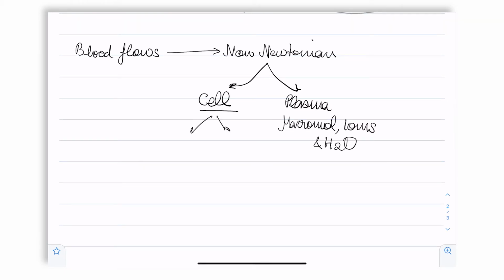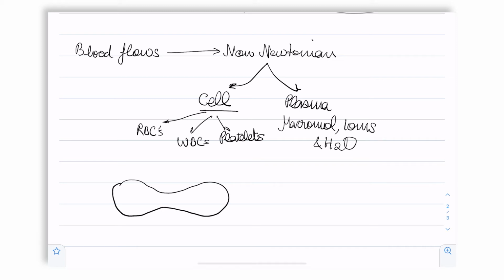The cellular components consist of RBCs primarily, the largest population, WBCs, and platelets. The red blood cell size is also associated with a volume, which is usually in the range of 98 micrometer cube, and a surface area of 130 micrometer square.